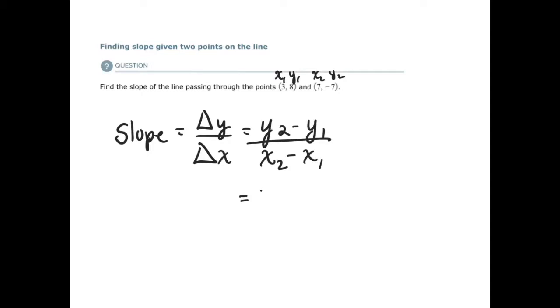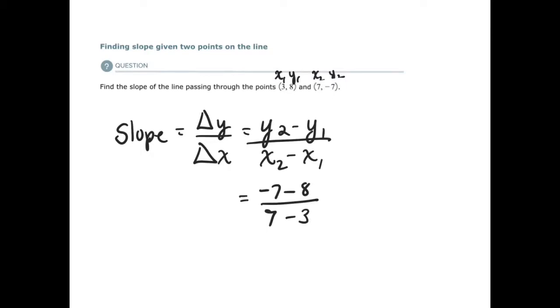So we're going to take -7, that was this one, and that's going to be -8, all over 7, which is your x2, -3.